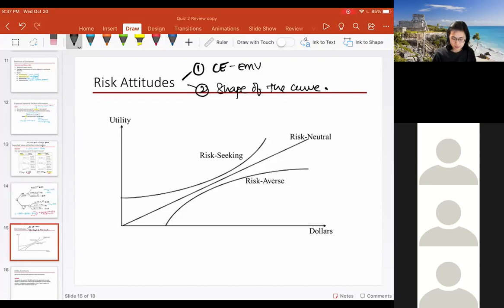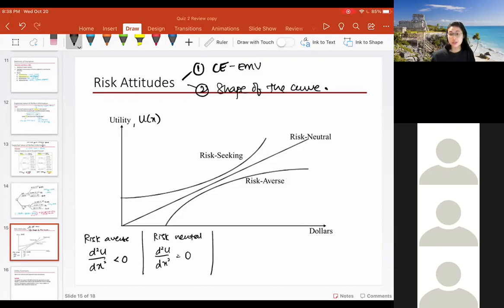If you are risk averse, I'm going to call this U(x), the double derivative is going to be less than 0, right? It's increasing at a slower rate. If you're risk neutral, it's going to be 0, because it's a straight line.